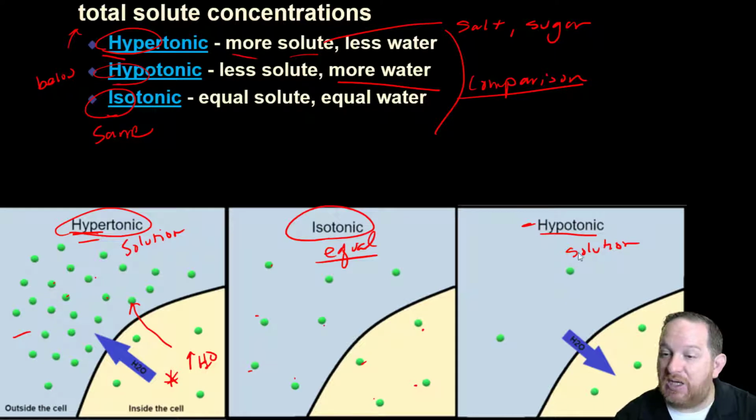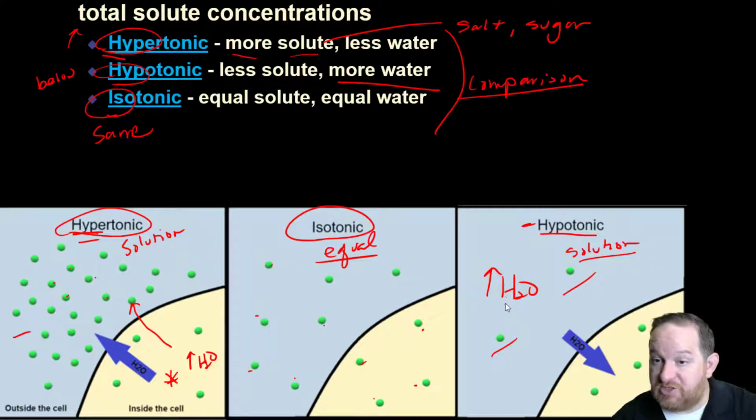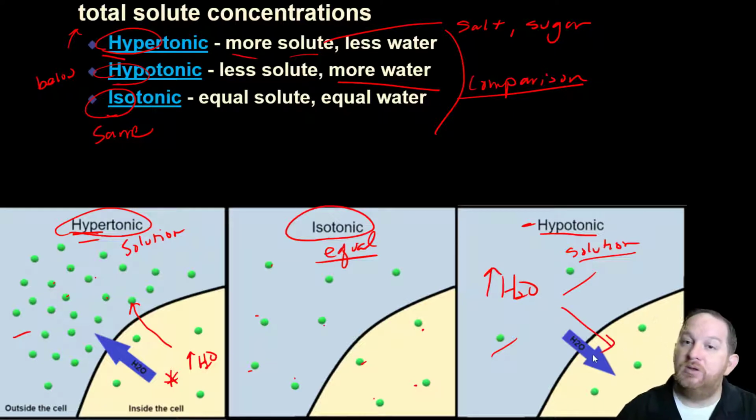So hypertonic solution is on the outside. So what we see here is that in this case, there is a higher concentration of water on the inside, right? So there's more water concentration here than there is here, so therefore the water is going to move out of the cell, okay? So we've got to be really specific when we're using these terms.